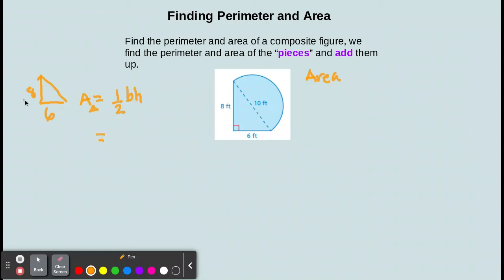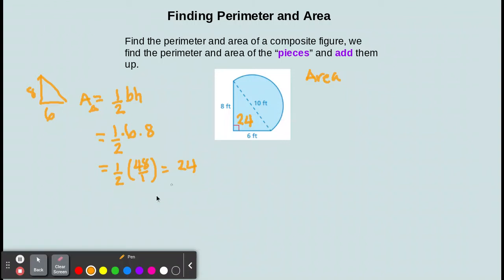So in our example, we have 1/2 times the base, which is 6, times the height, which is 8. What's 6 times 8? That's 48. And 1/2 of 48 is 24. So the area of this triangle is 24 square feet, or 24 feet squared.